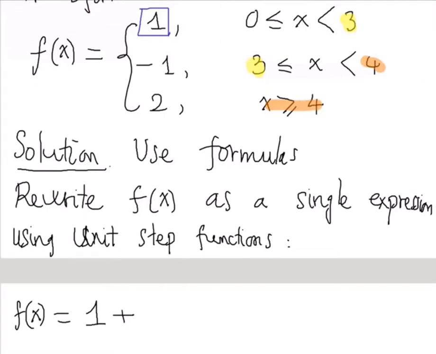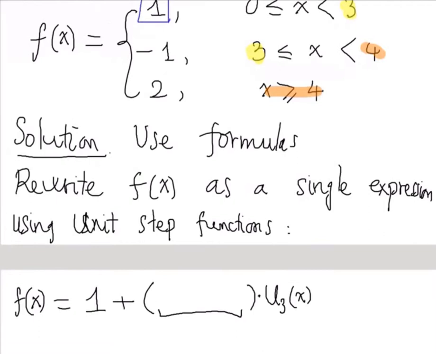Because of that reason, we will need to have 2 unit step functions. The first one is u_3 of x with a certain factor in front. And the factor here is the difference between the 2 formulas.